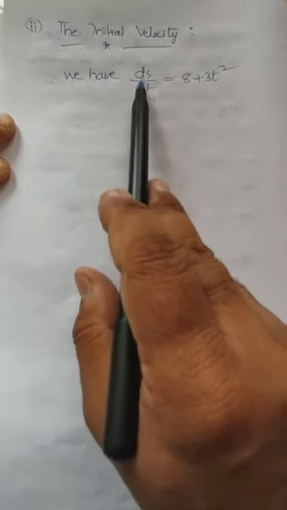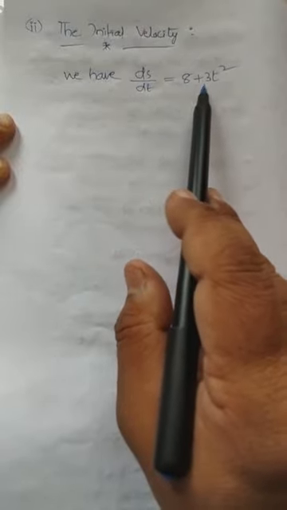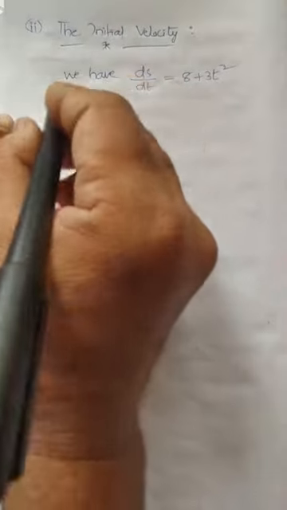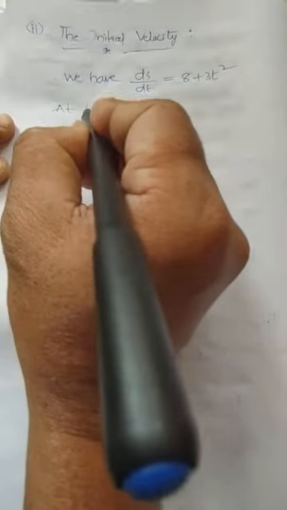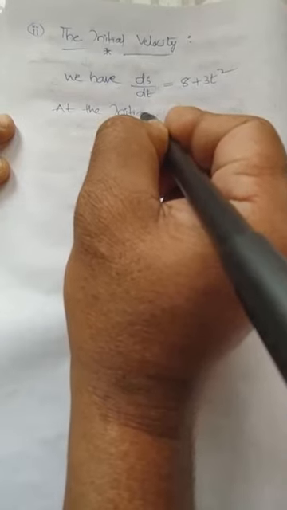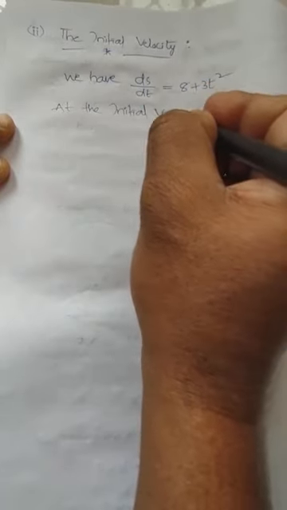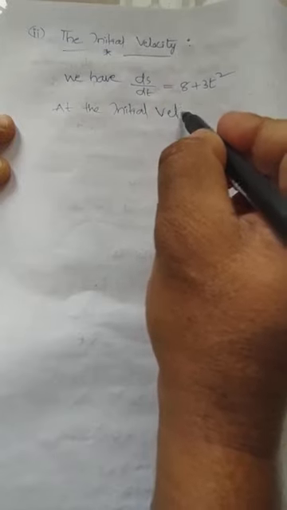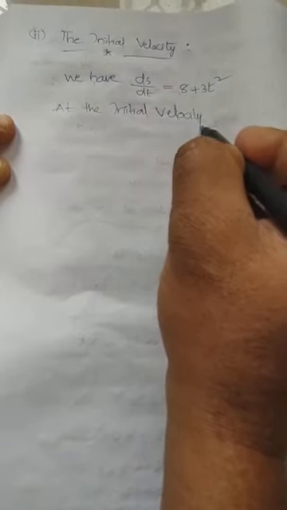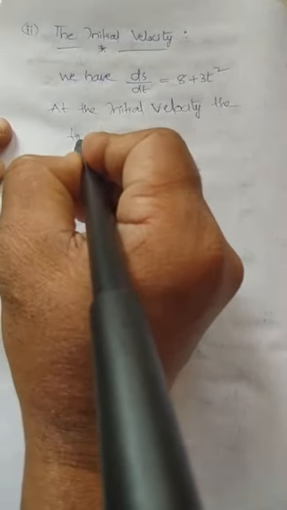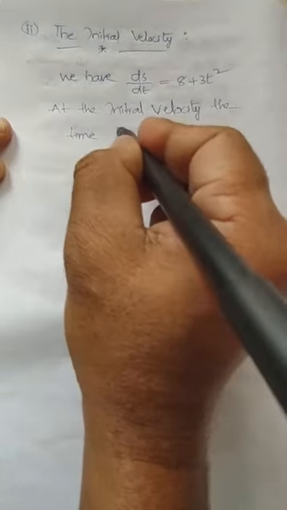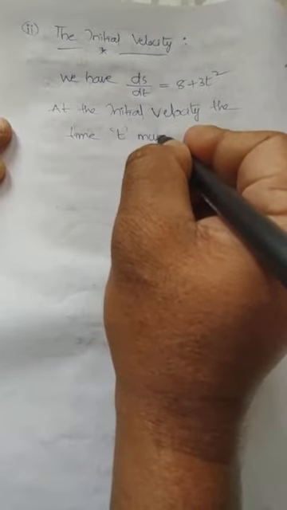For that we have the rate of change in the displacement, which we got as 8 plus 3t square. At the initial velocity, the time t must be 0.